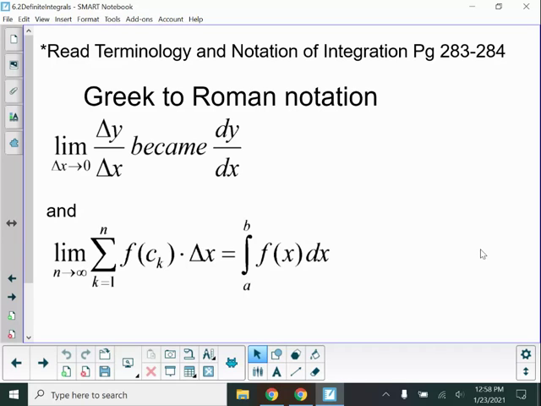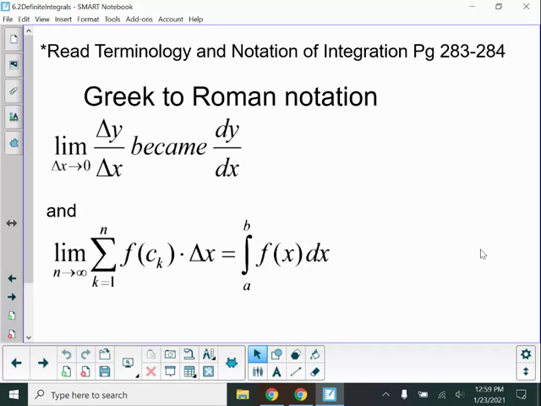Your limit as delta x approaches 0 would be like the limit as h approaches 0 whenever we looked at the original definition of derivative. Delta y over delta x, we eventually, for the Roman notation, turned that into dy dx, which, you know, delta begins with the letter d, so that's where that came from.